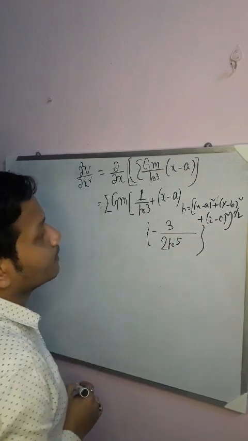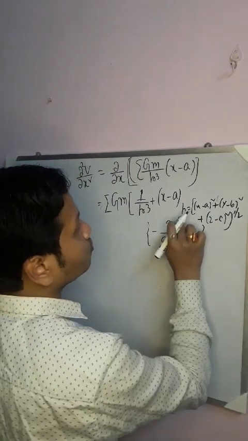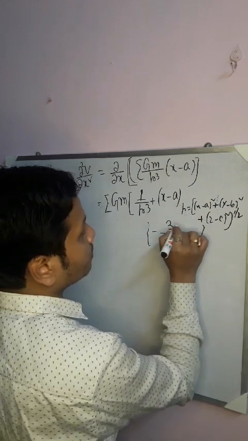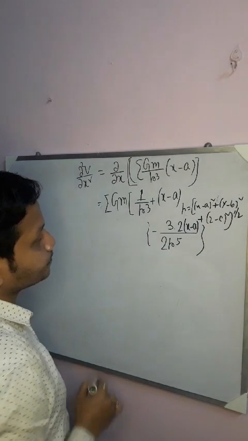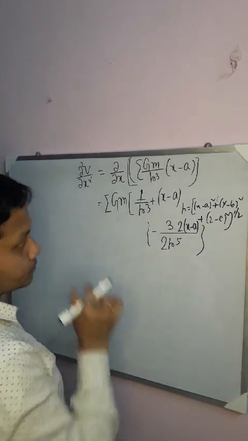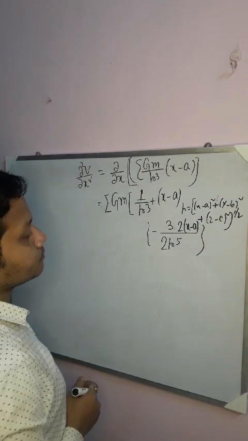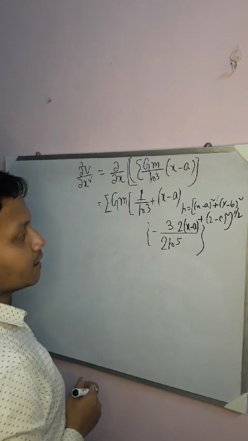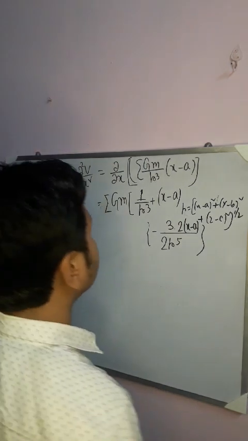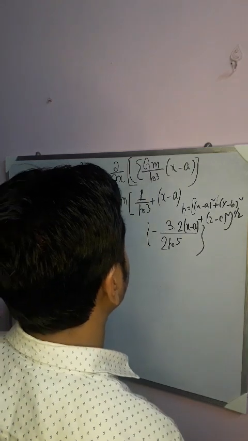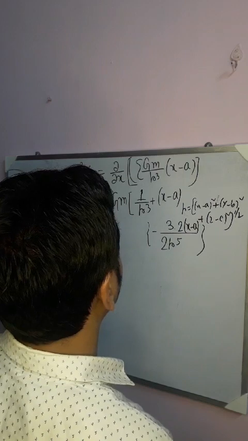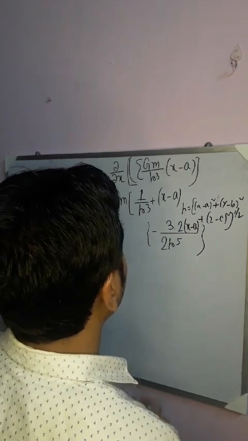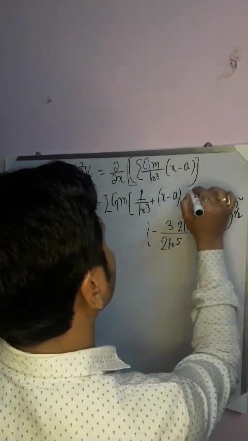Okay, and if you differentiate this term again, that will be 2 into (x minus a), that is minus r to the power minus 3.